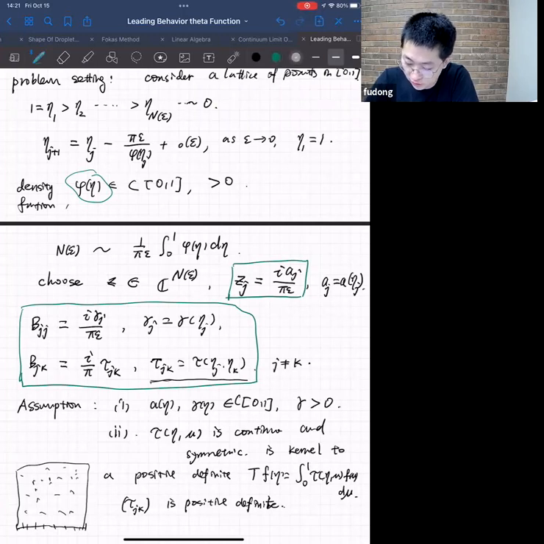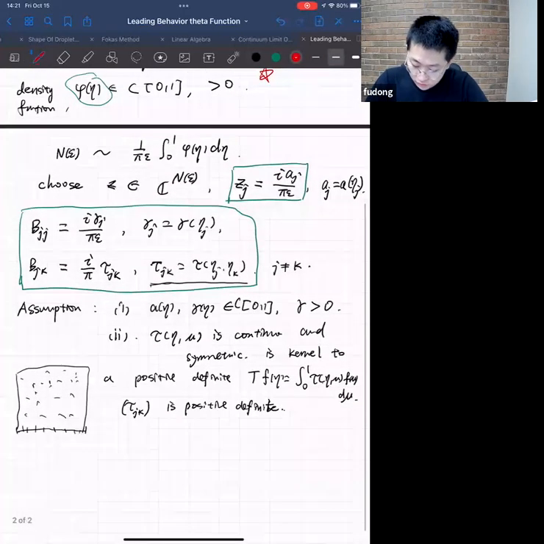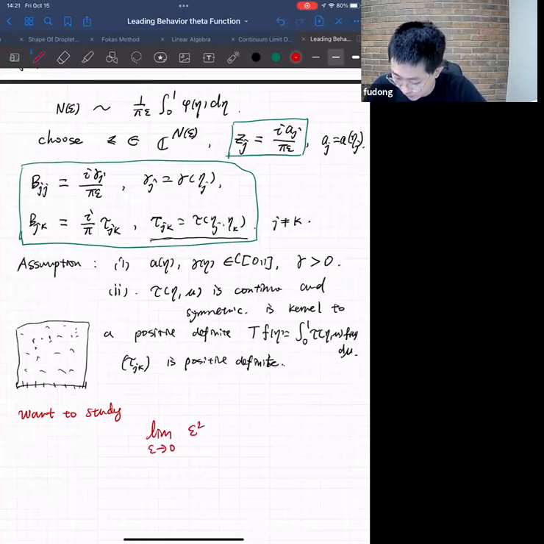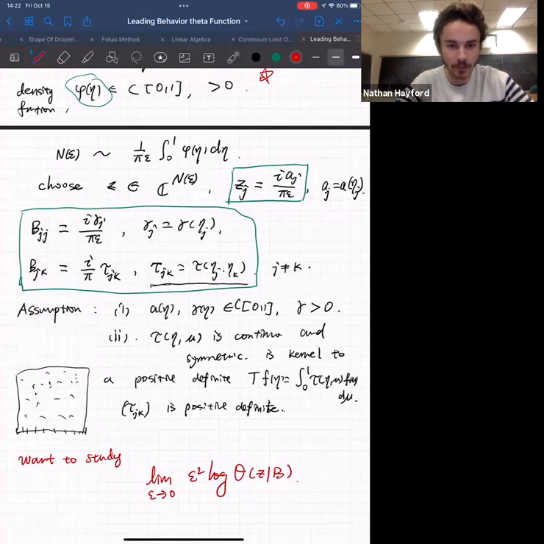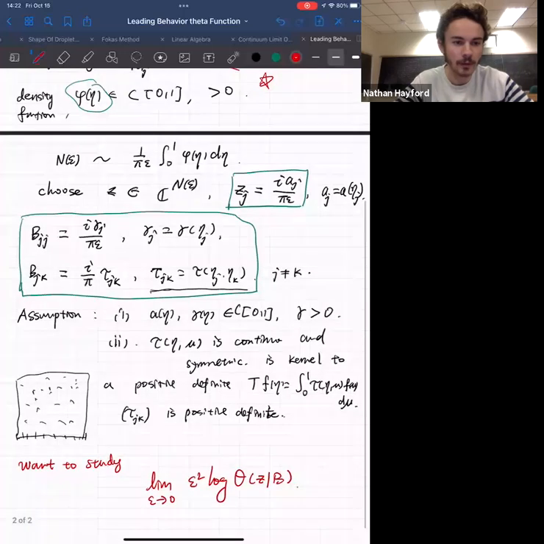It is taking epsilon going to 0. So I want to study the limit as epsilon goes to 0 of epsilon squared log theta of Z, B. So your claim is that with the appropriate choices of phi, A, gamma, and tau, this is a solution to KdV with zero dispersion.